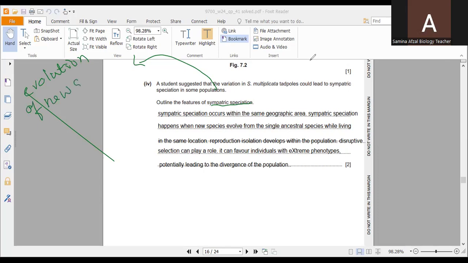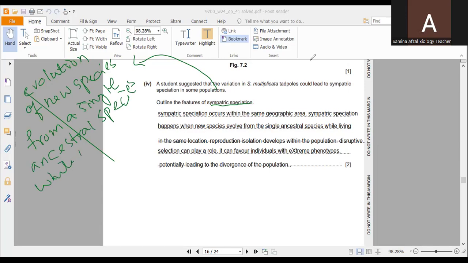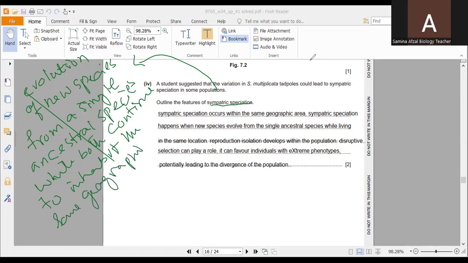Evolution of new species from a single ancestral species while both continue to inhabit the same geographic region.